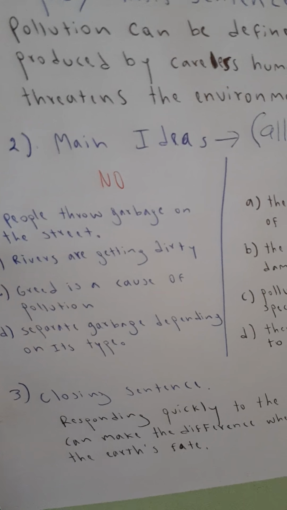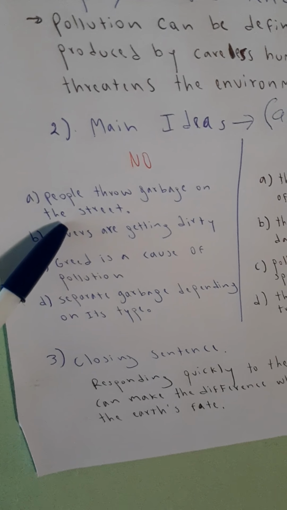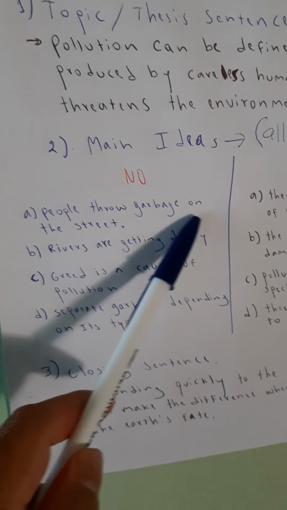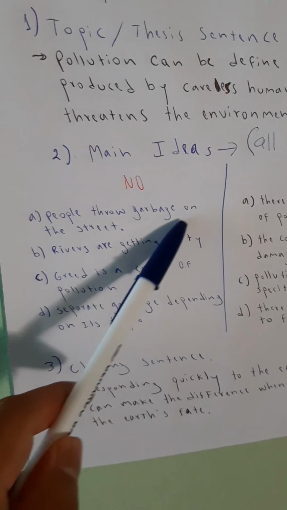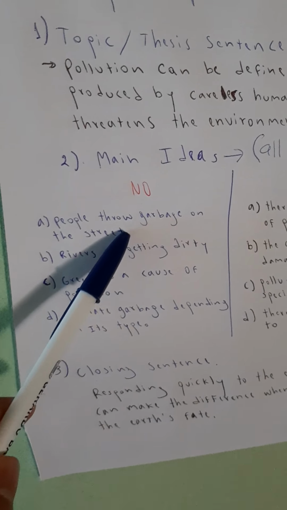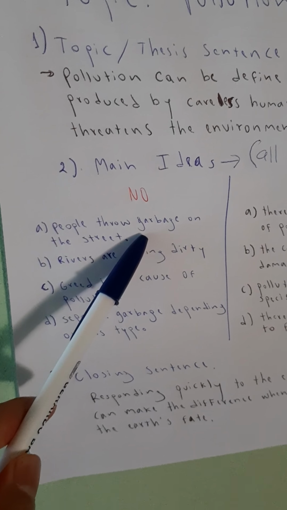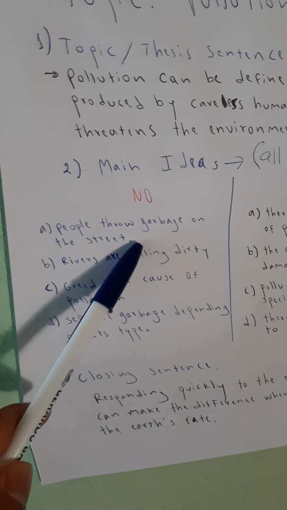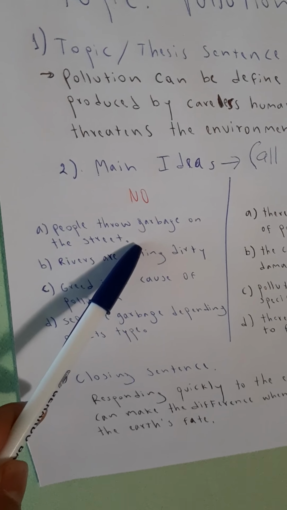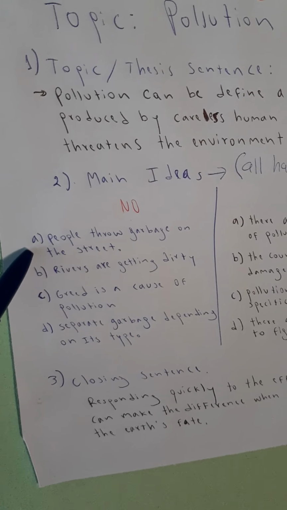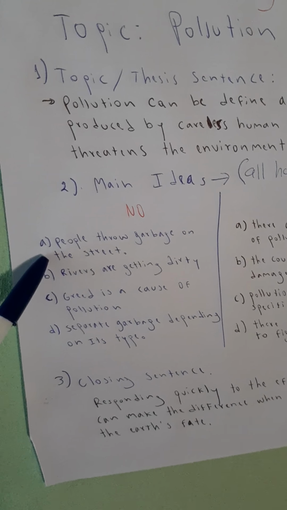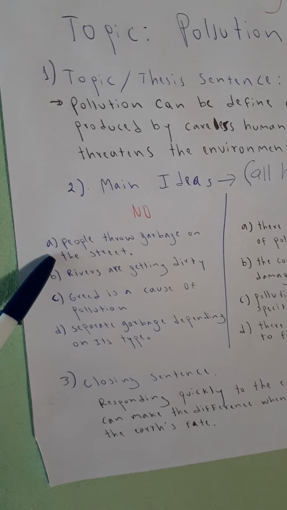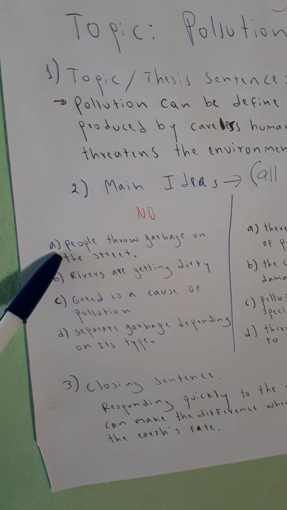If you make your main ideas too specific, the problem is that later you won't have extra information to add about them, and you will struggle in finding something to say, and you will end up being redundant or being incoherent. So the best thing is trying to choose an idea that is general, and the specific ideas, you use them as supporting details.